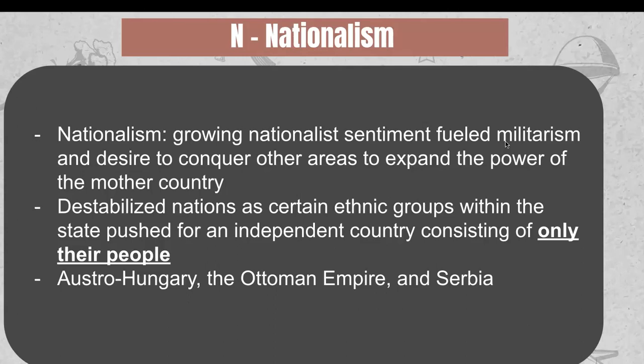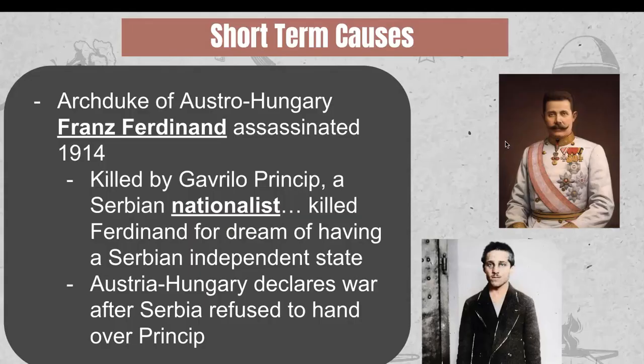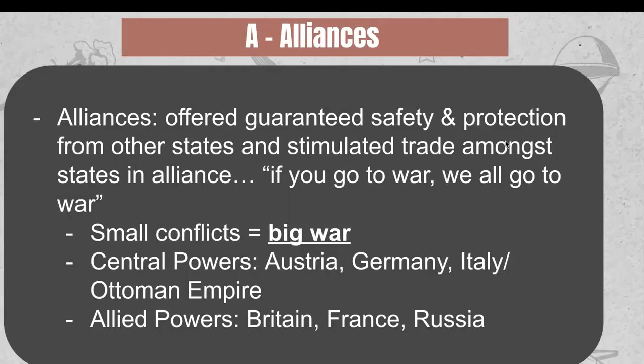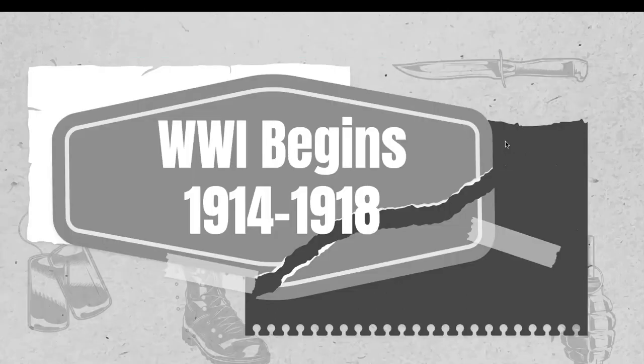An example of this is, again, what we see with the short-term causes. With Serbian nationalism, they want to have their own independent state. So to have that independent state, they will do what they can, and in this case, it is going to be terrorism and assassination of a major political figure.